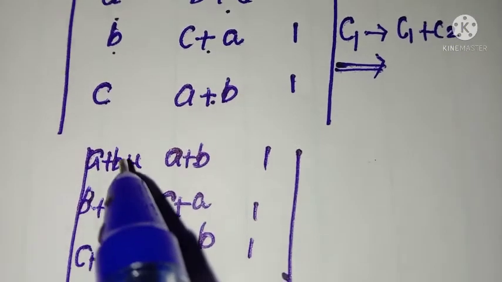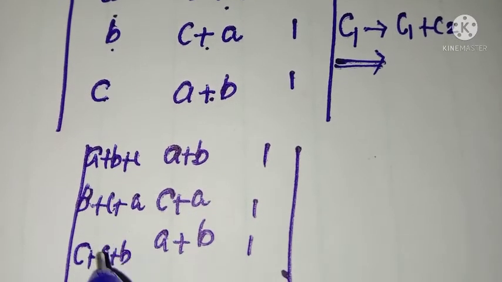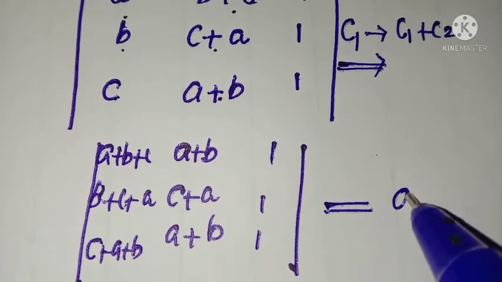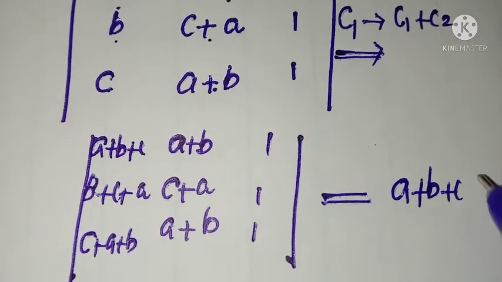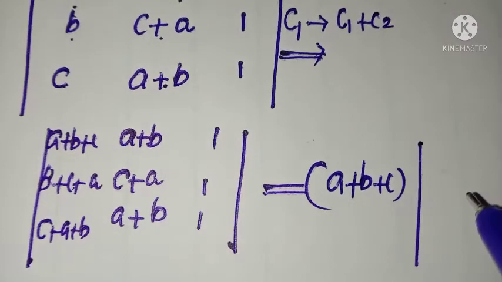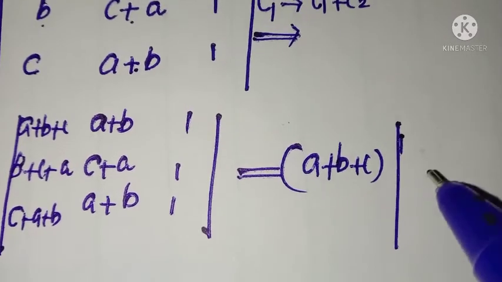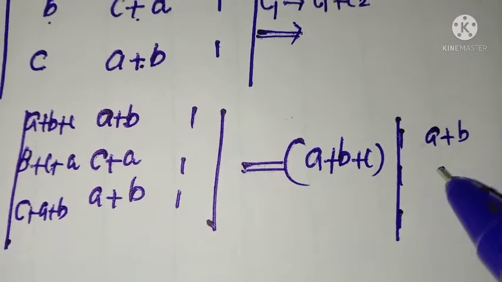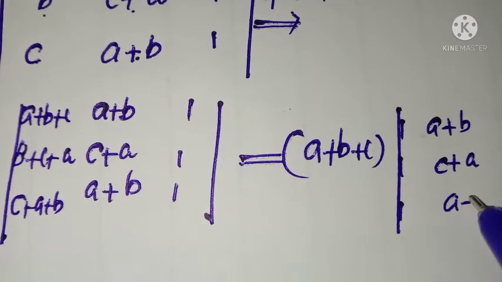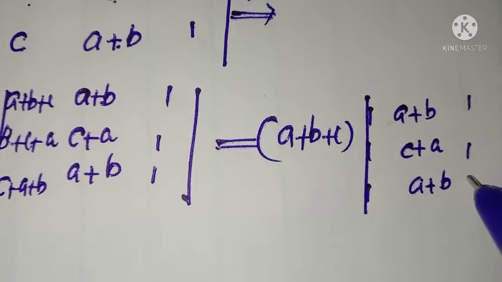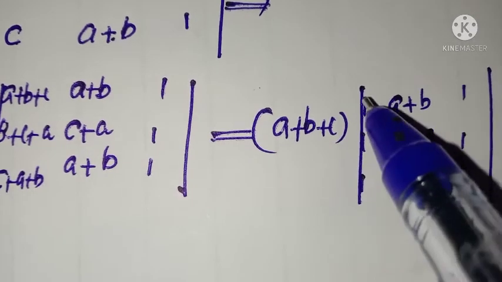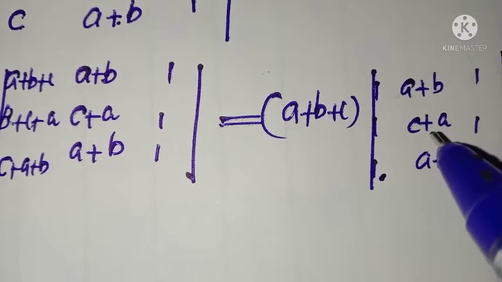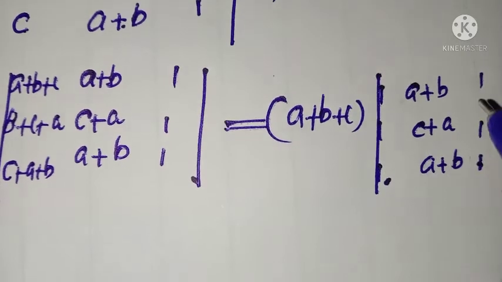Now look at this. Along the first column, we can see a plus b plus c is a common factor. So take it outside. a plus b plus c into the remaining determinant: 1, 1, 1; and then the other two columns. So here the first column and third column are identical. Identical means all the entries are equal.